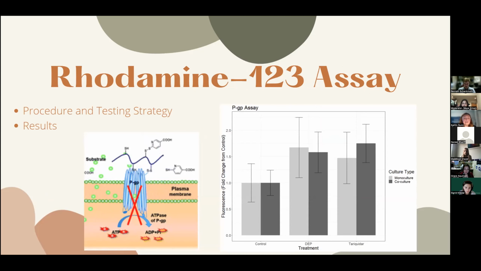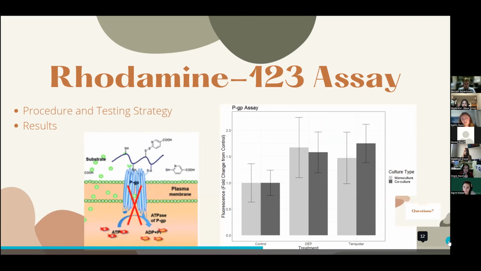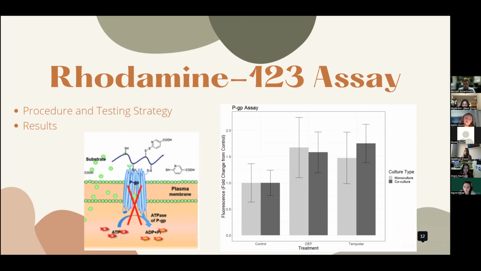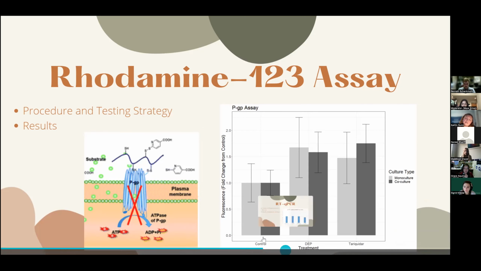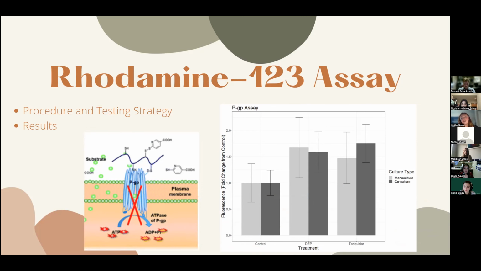The reason this is interesting is because tariquidar is a known inhibitor of P-glycoprotein. This graph is showing fluorescence, which increases with the amount staying inside the cell. So if P-glycoprotein is not working, more fluorescence will be seen inside the cell. This shows the functionality of the protein.